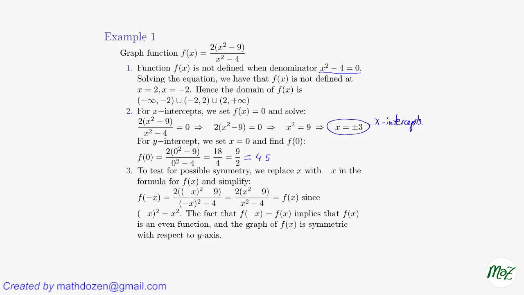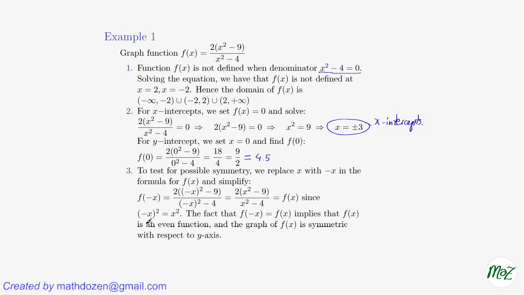And then for the third item, we test for some possible symmetry of this function. So we replace x with negative x in the formula for f of x and simplify. We see that f of negative x is 2 times negative x squared minus 9 over negative x squared minus 4.